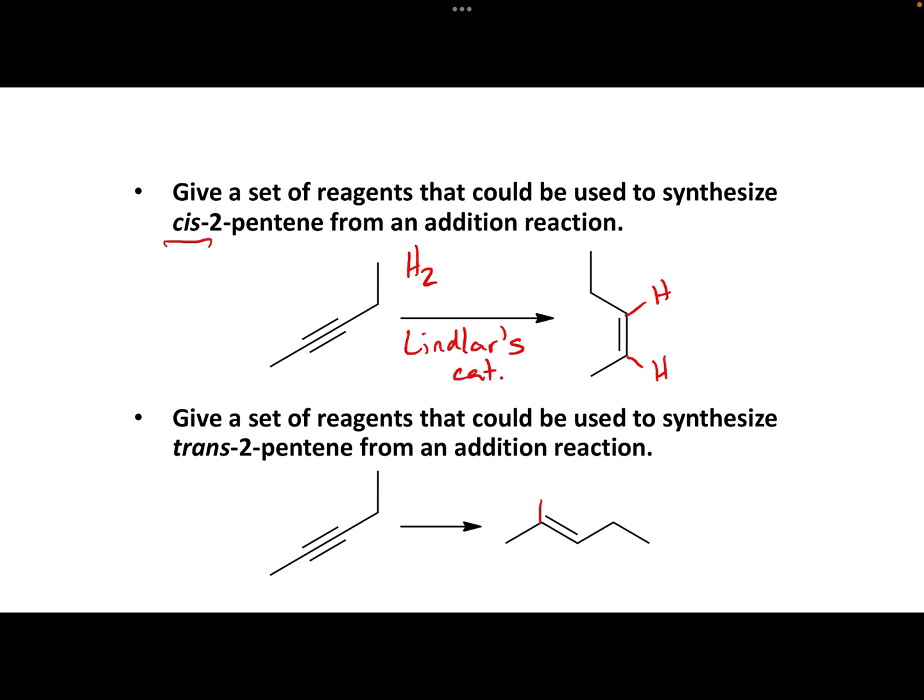Down below, we have a trans-2-pentene, or an E-2-pentene. So we had discussed ways to make our alkyne stop at the alkene in this transformation, and that was the dissolving metal reduction. So you had sodium metal and liquid ammonia, and that would be how you would solve for this one.